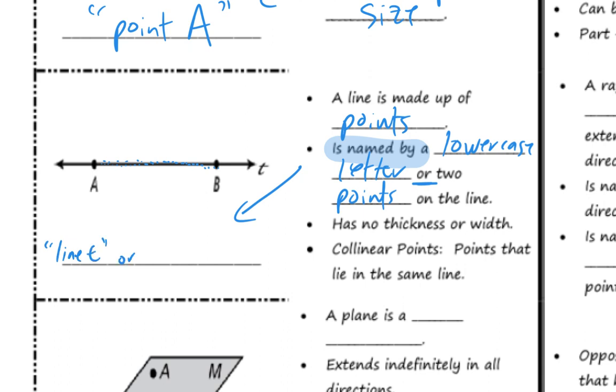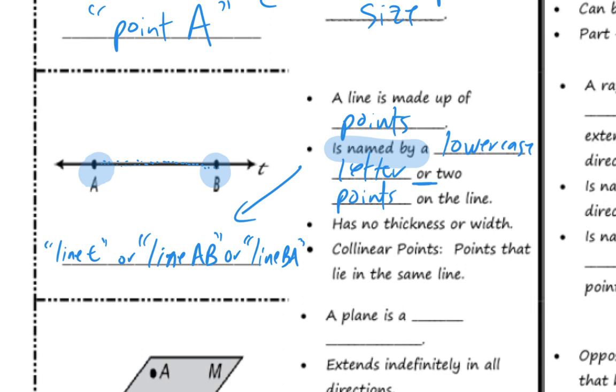Or, by two points on the line, this has a point A and a point B, so we can say line AB, or we can say line BA. We can go either direction because it's going either direction. Hopefully we see that. That's how we show it.